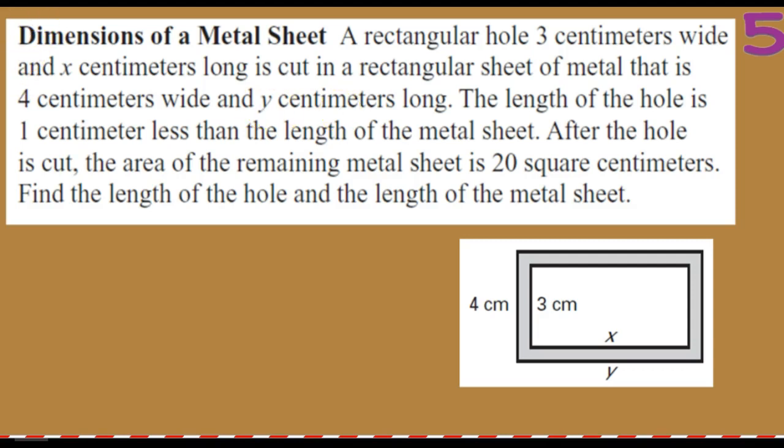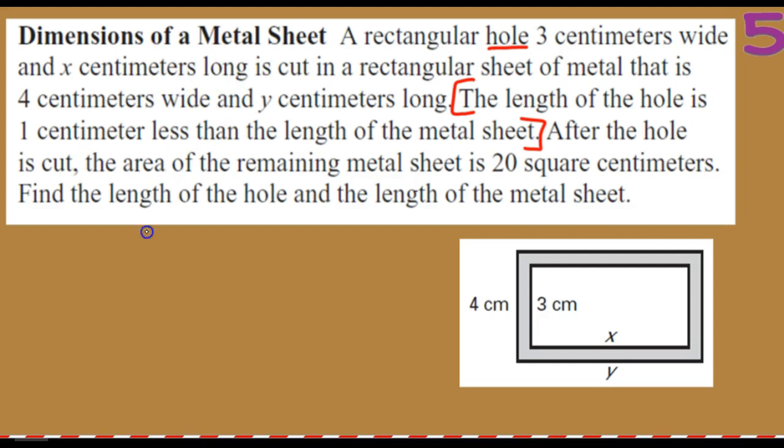So the first thing we know in this problem is that the length of the hole is 1 centimeter less than the length of the metal sheet. So it says a rectangular hole, so the hole is 3 centimeters wide and x centimeters long is cut. Now it says the length of the hole is 1 centimeter less than the length of the metal sheet.